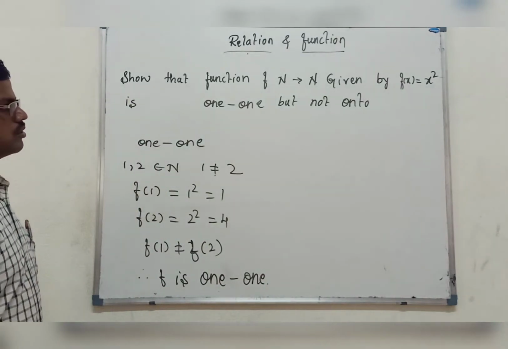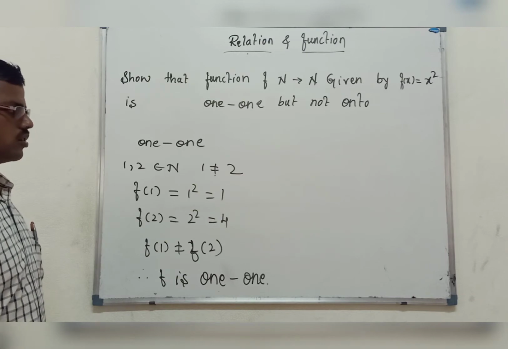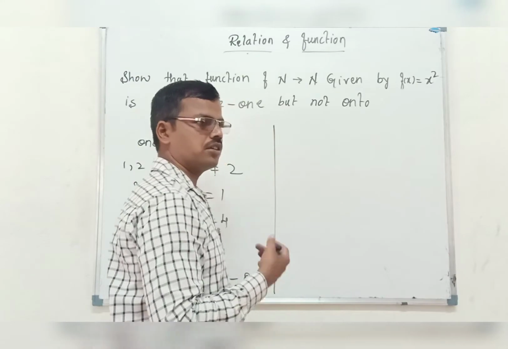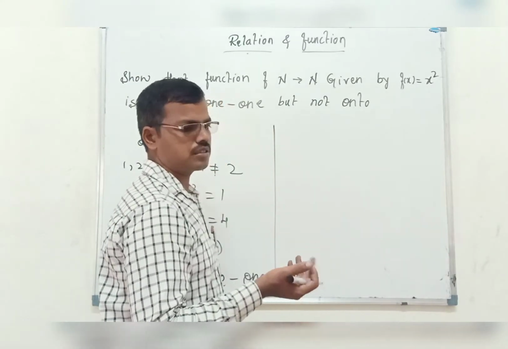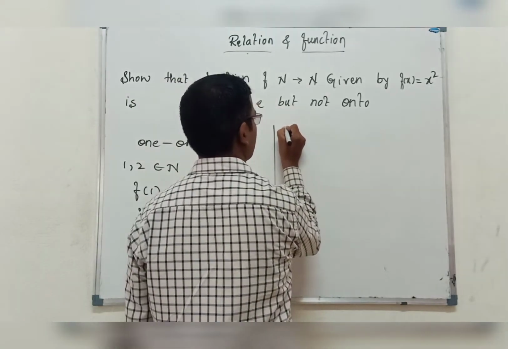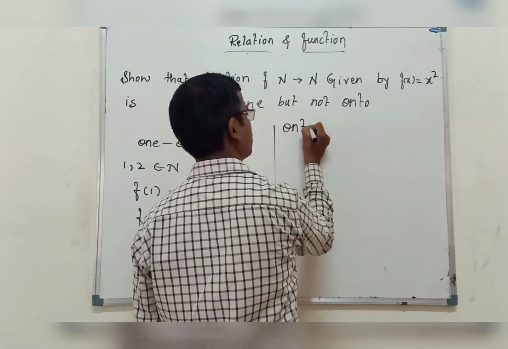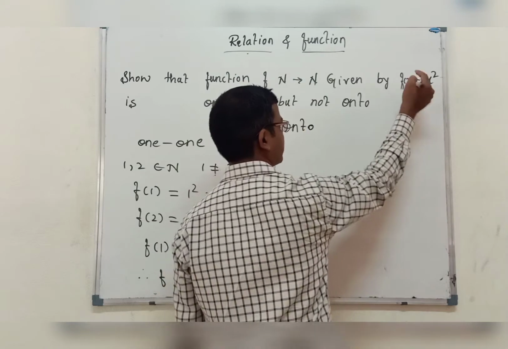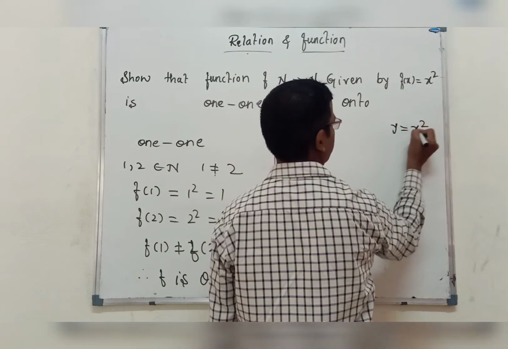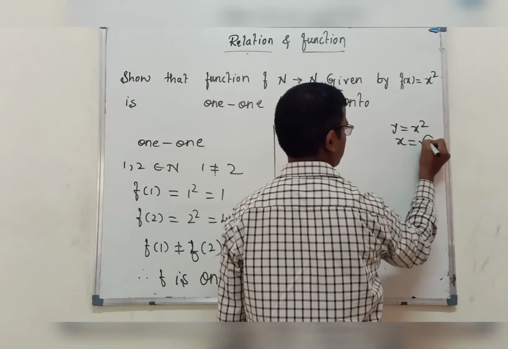Next we come to whether f is onto or not. For onto, what will we do? We convert x in terms of y. So y is equal to x square, x equal to root y.